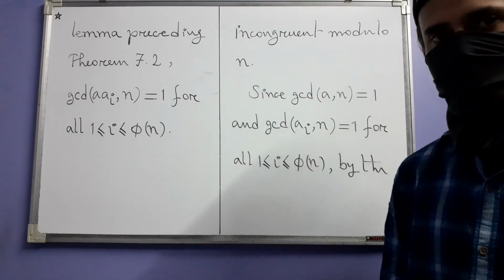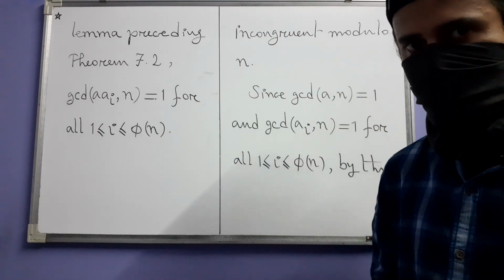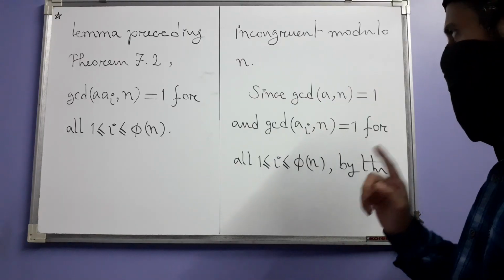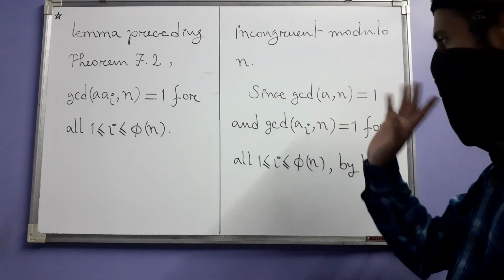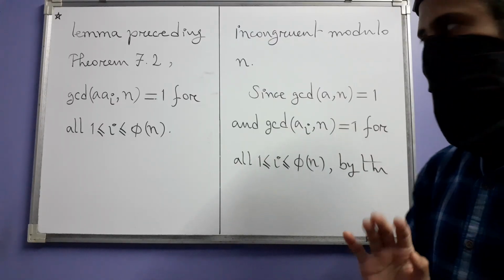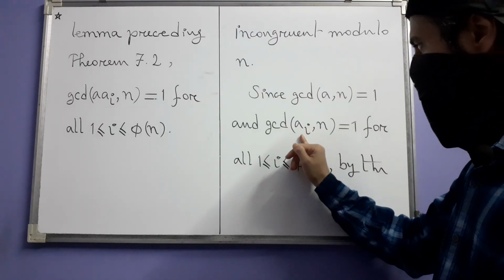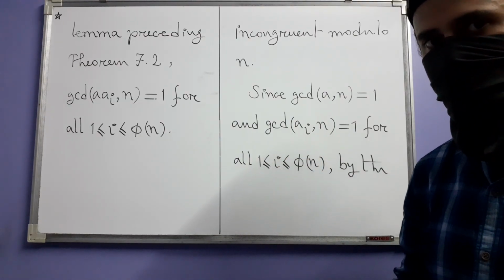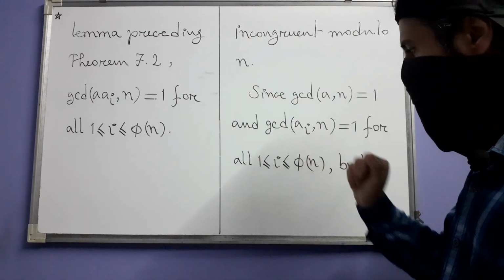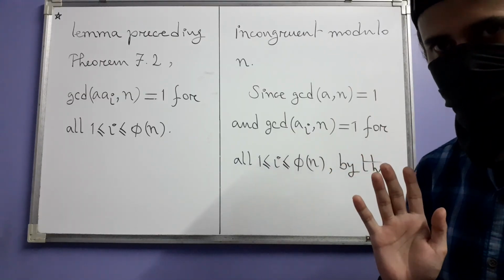Now next we uncover something else about these numbers a_i. What do we know? Our hypothesis is that a and n are relatively prime, and by our definition of these numbers a_i, they are the positive integers less than n and relatively prime to n. So they are relatively prime to n.